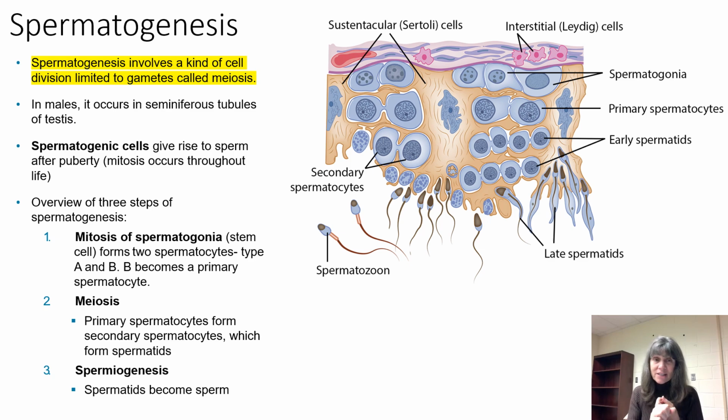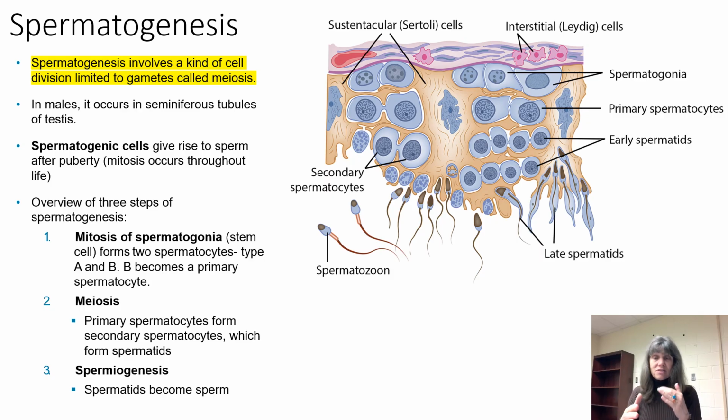Remember, spermatogenesis is going to be where stem cells undergo mitosis to create more of themselves, and in the process, we get spermatocytes.